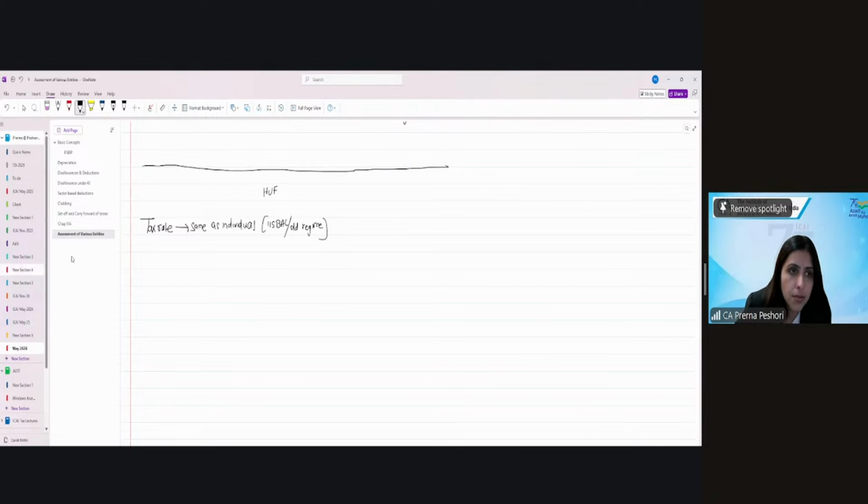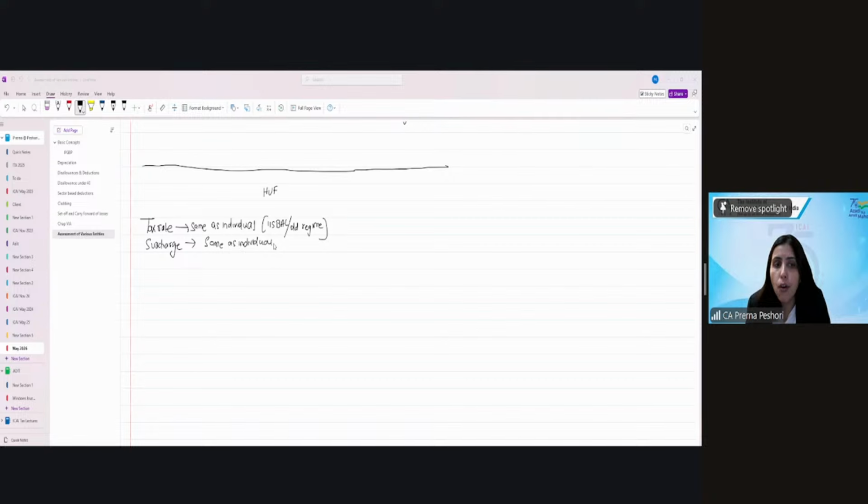What is the surcharge? Same as 25-37%, same as individuals. So if the income is dividend or capital gain, taxed at special rate, then in that case, the maximum surcharge is how much? 15%. So tax rates are the same as the individual.